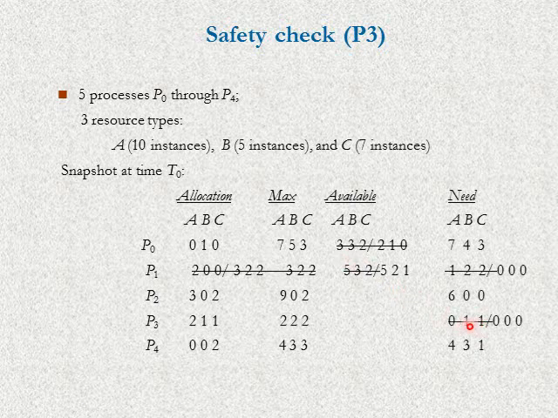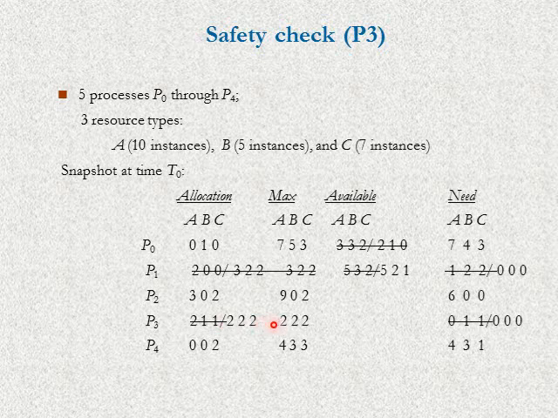After having this reduced from the available and making this need 0, we will add it to the allocation. Now the new allocation for P3 becomes 2, 2 and 2. As you can see, the allocated resources are equal to the maximum required resources. So we can safely assume that P3 can complete its execution within these resources.